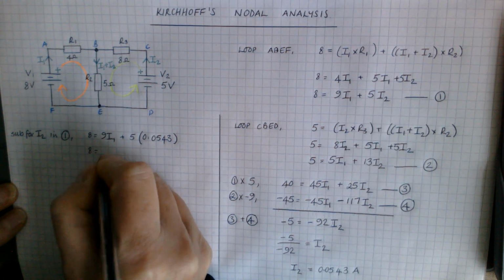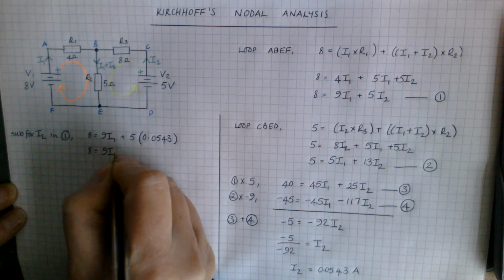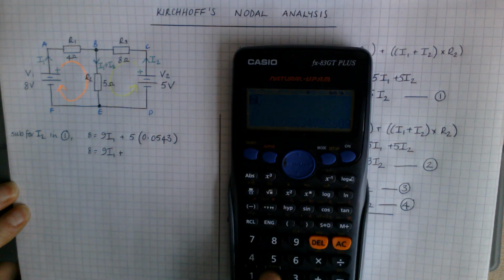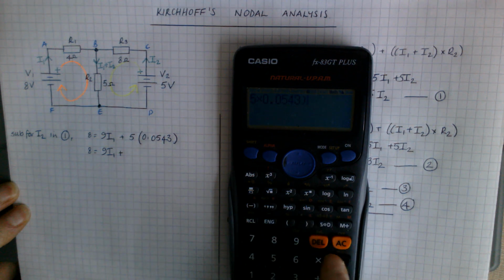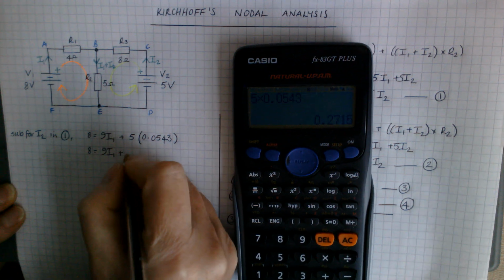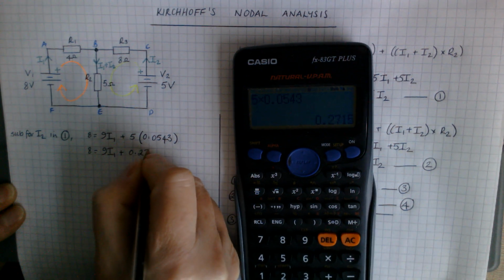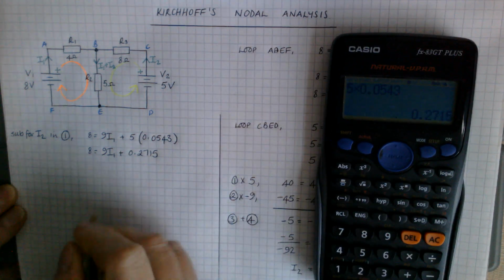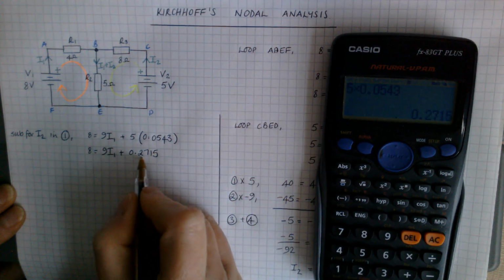So I'm going to work that out. Five times 0.0543, and that gets me 0.2715. And now I'm going to solve this equation. So I'm going to move this across to the other side.